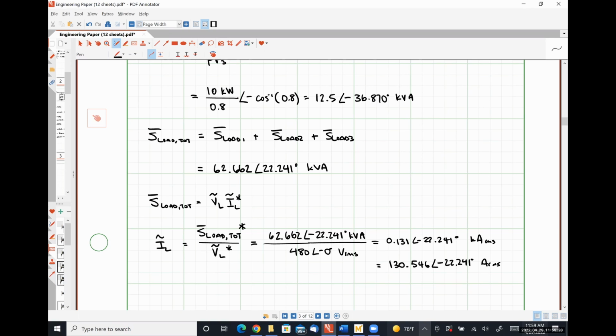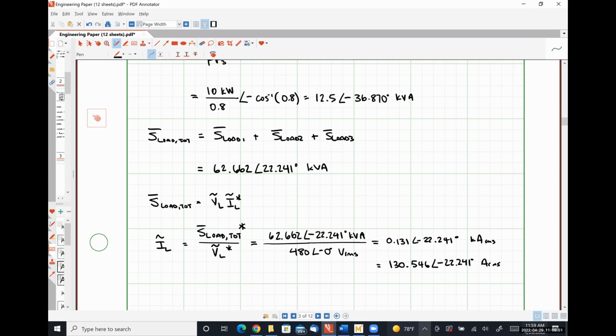Yes, sir. So if our phase angle of voltage was 0 degrees, does that mean we're lagged by 22.4? So the phase angle of the voltage is 0. The phase angle of the current is negative 22.241.